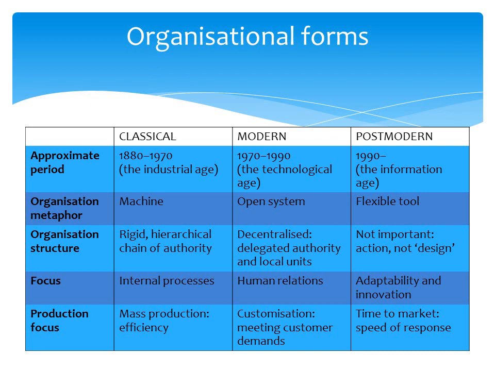And the metaphors: classical is a machine, modern's more of an open system, and postmodern can be more thought of as a flexible tool. Structures from rigid to decentralised to not important at all. Focus internally was classical. Modern can be more human relations. Postmodern can be more about adaptability.